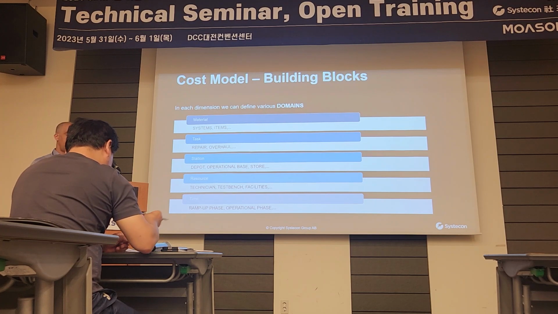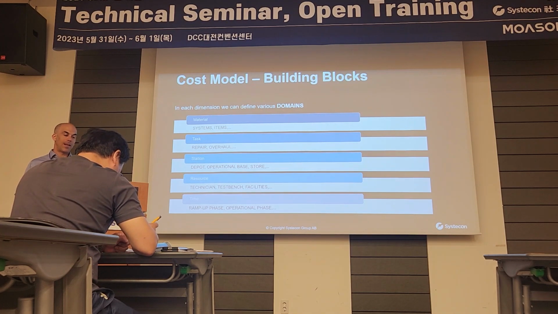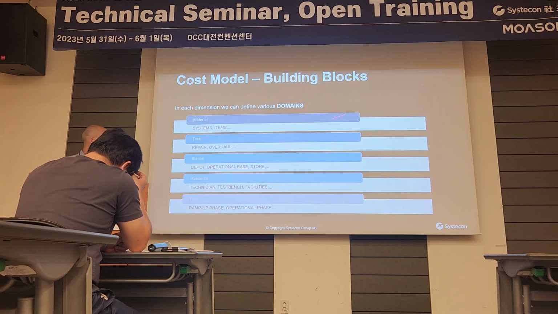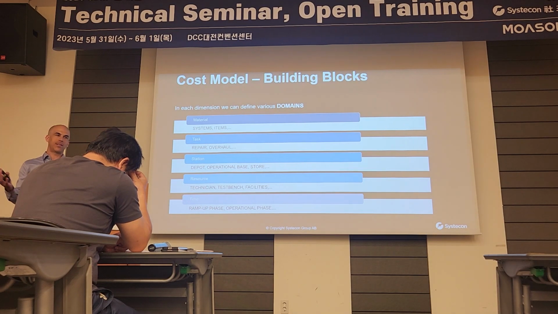You could have some costs that are related to repair and some that are related to overhaul. Station as well: depot, operational base, and so on. Think of a dimension like an overall notion, and then you can create sub-groups within that dimension.